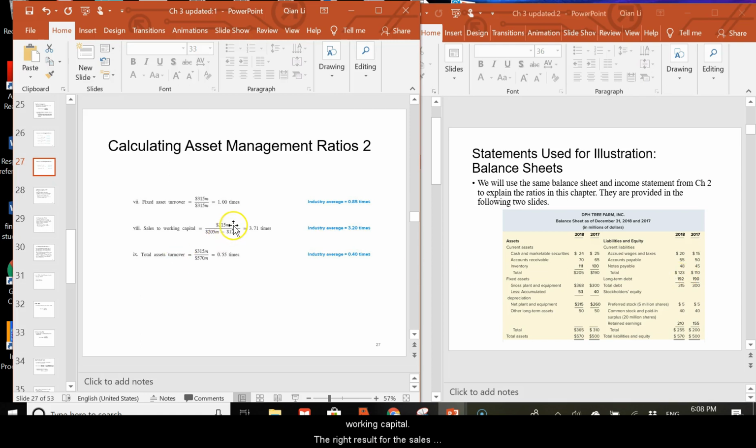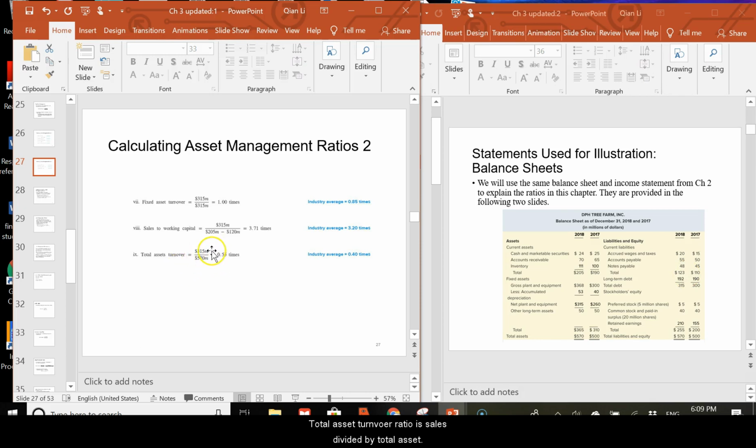So sales 315 divided by the net working capital. The right result for the sales to working capital should be about 3.84 instead of the 3.71 here. Again, there is a typo here. The current liability should be 123 million instead of 120 million. So that's a mistake by the publisher.